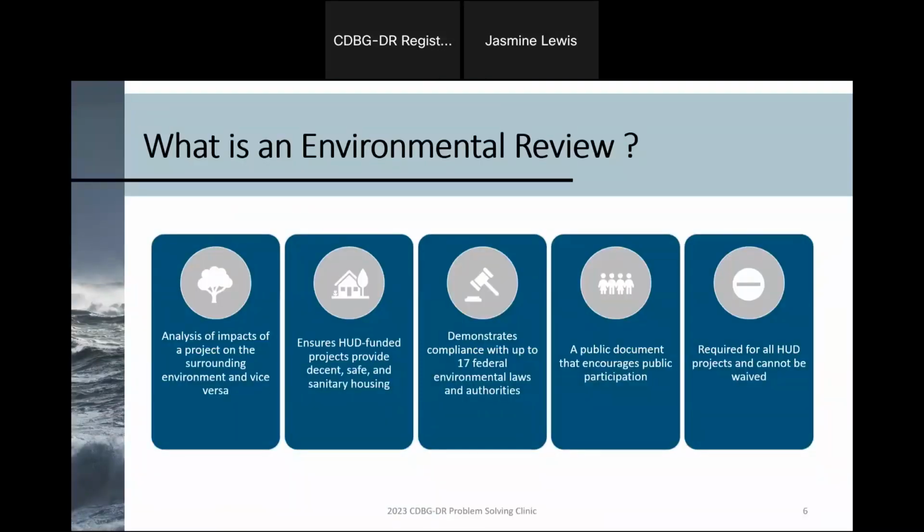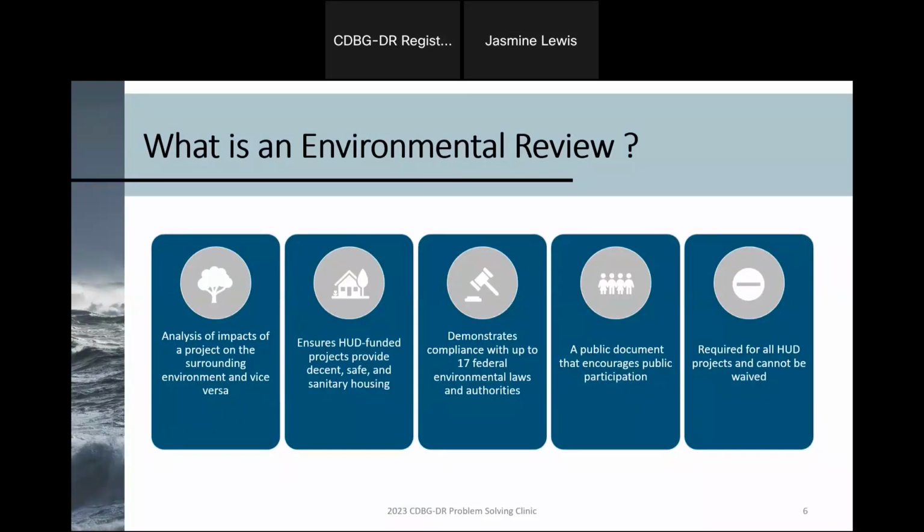So what is an environmental review? It is a process of information gathering, analysis, and documentation to comply with the National Environmental Policy Act and its related laws and authorities. The objective of the environmental review is to document that HUD projects are not harming the environment and that the environment is not impacting our projects. Responsible entities are to make an informed decision about how their project will be impacting the environment.